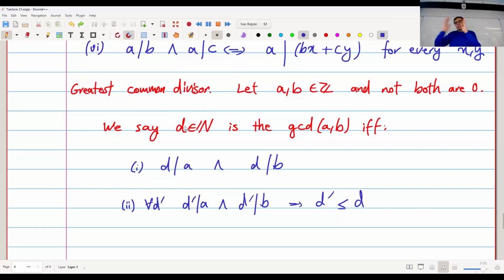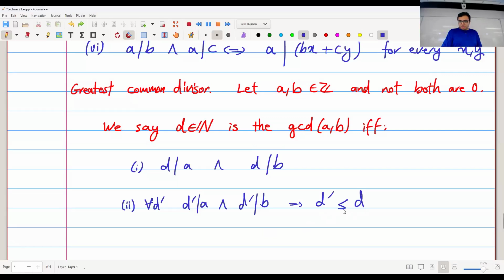So I'll just take the non-negative chunk of the common divisors, and then I say, just take the biggest element in there. And that's going to be my greatest common divisor. And there is going to be a biggest element because all these elements are at most the absolute value of A or the absolute value of B, right?